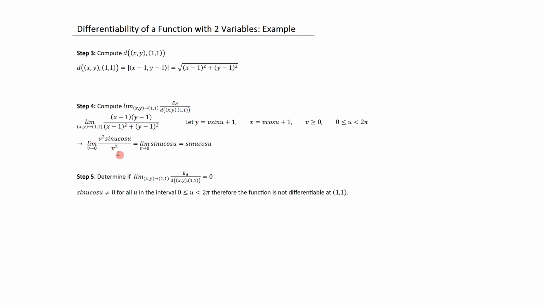Well, that means the v squared cancel, and we're just left with the limit of sin u cos u, v going to 0. Of course, there's no v here, so it doesn't affect the expression. However, it's clear that depending on what the value of u is, you get a different limit. As a result, there's no way that this can be 0 for all possible values of u. And therefore, we can say that the function is not differentiable at the point (1, 1).